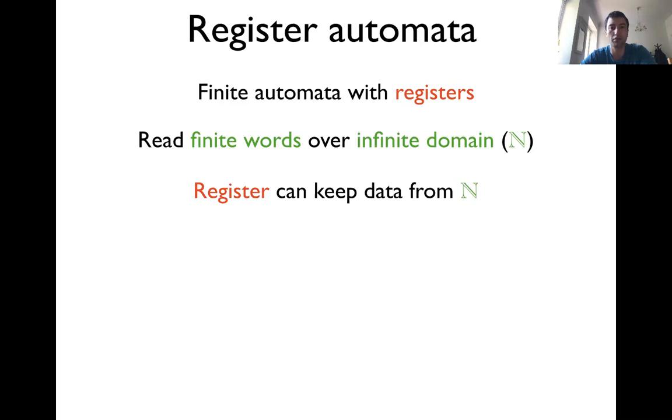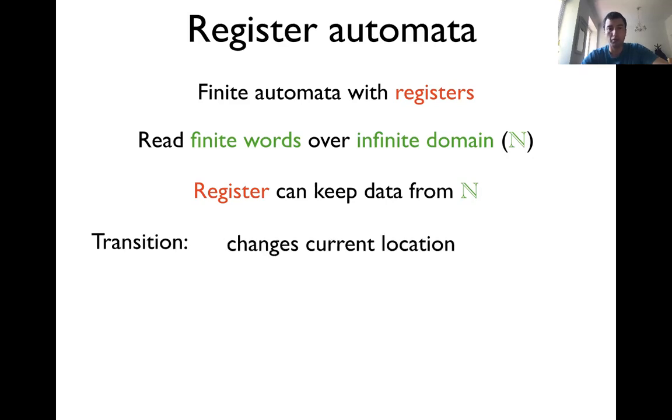And how does a transition work? Such a register automaton has some initial location. What is often called a state, we call a location. So a register automaton has an initial location and a bunch of accepting locations. In the initial location, you can say it starts with empty registers. And how can a transition look like? First of all, it can, of course, change the current location to some other location.